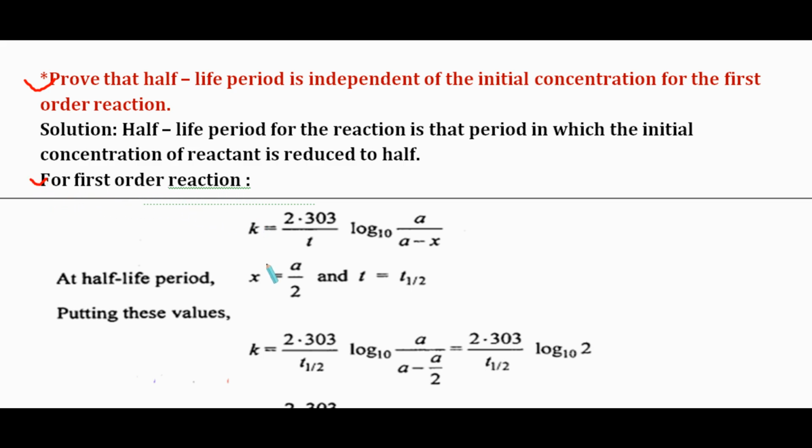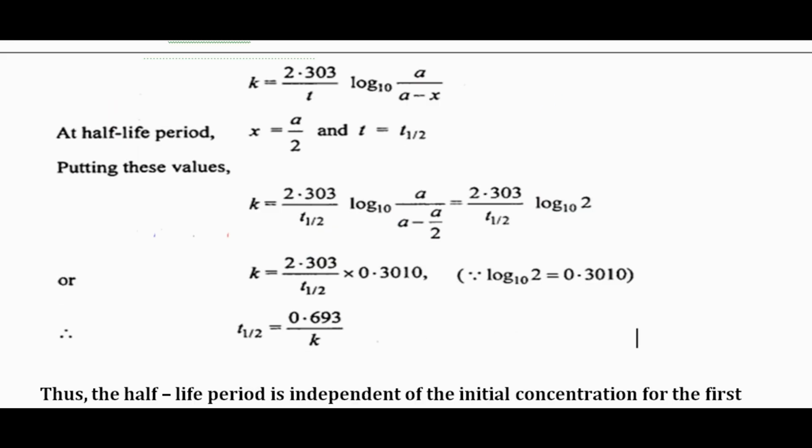We know that first order reaction can be written as k equals 2.303 upon t log10 a upon a minus x. At half-life, the value of x becomes a upon 2, half of initial concentration, and time interval becomes t half.